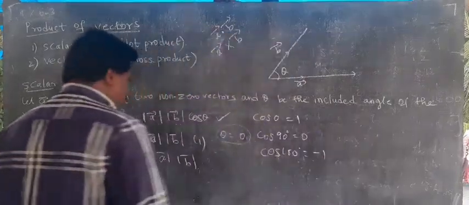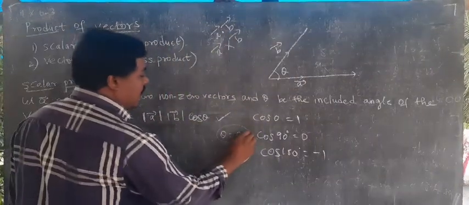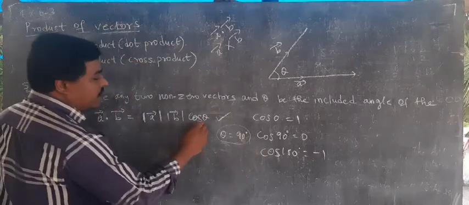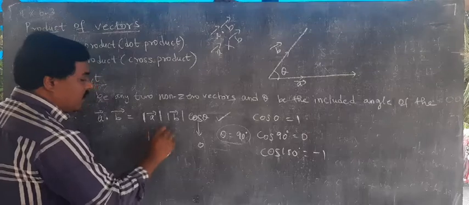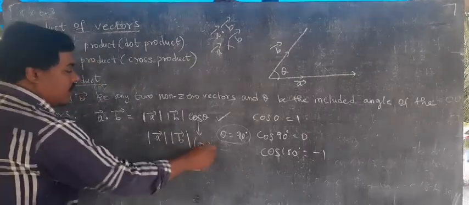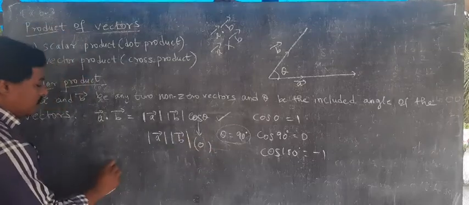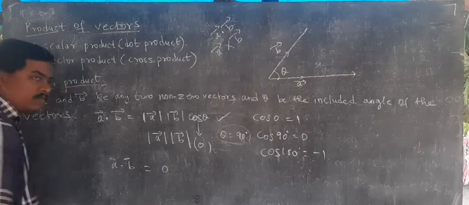Same thing. Suppose theta equals 90 degrees. What will happen? Cos 90 equals 0. 0 times anything is 0. So A vector dot B vector equals 0.